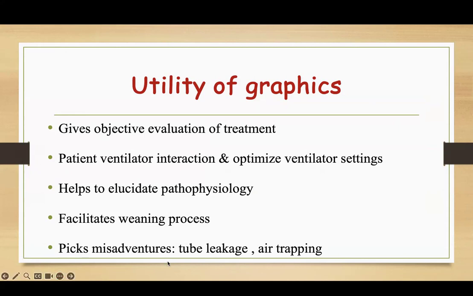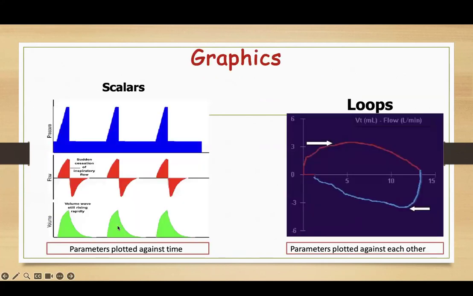We can also know whether the lung is in a condition where we can think of weaning. As I said, we want to avoid ventilation because it is not easy. It comes with lots of problems, such as ventilation-induced lung injury, or other misadventures like pneumothorax and tube leakage. These can also be picked up with the help of these graphics.